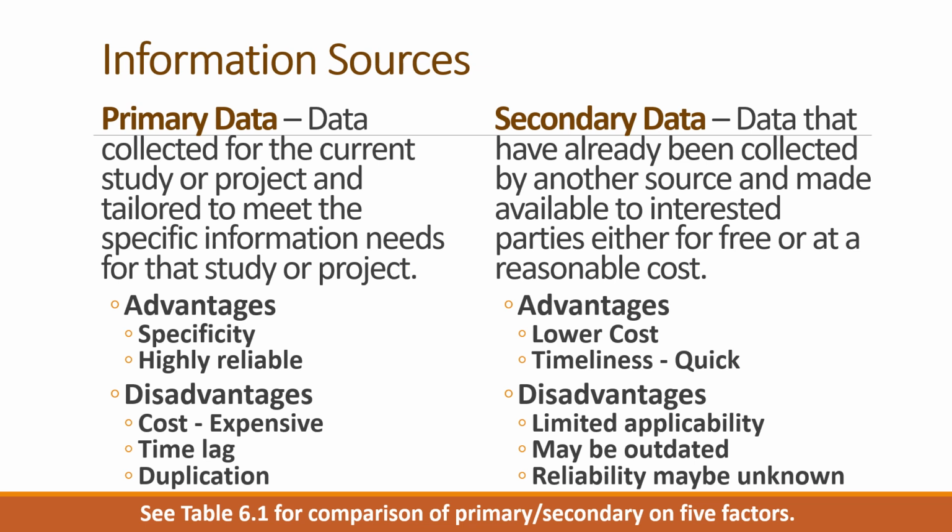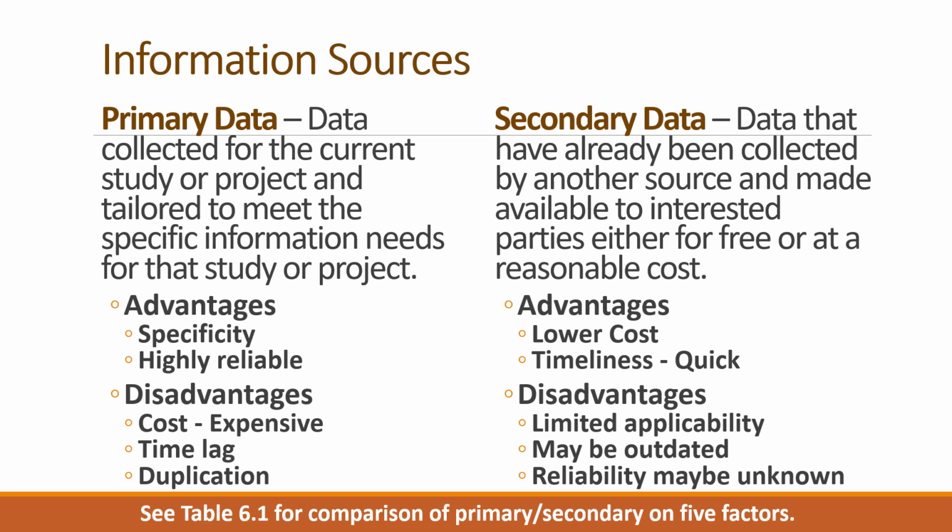Your second option is secondary data. Secondary data has already been collected by another source or has been collected by you possibly at another time for another project. That data has then been made available to parties, and it can either be free access or it could be provided in a syndicated fashion where you pay for access to that particular material.